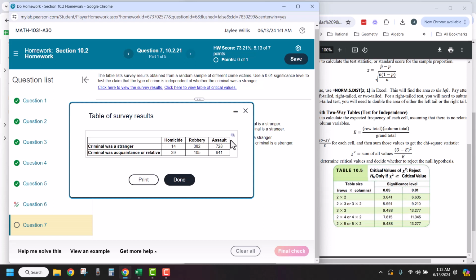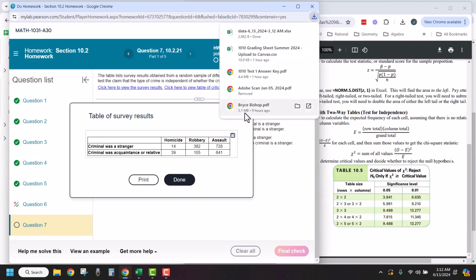So even though there's three options here, it's still a two-way table because you have two categories. You have the type of crime, which has three options. And then the second category is the relationship that the criminal had to the victim. So I'm just going to go ahead and download this really quick so that we have that.